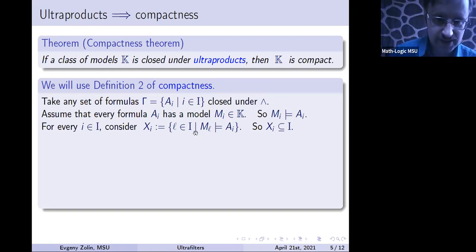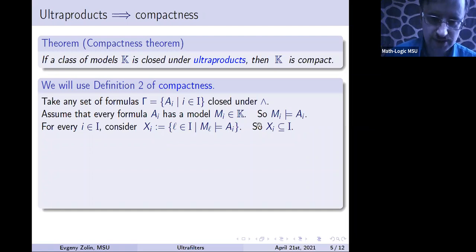First, we consider these subsets of I. We denote Xi the set of indices L such that in the model number L, the formula AI is true. So we fix formula AI and consider all models where this formula is true.